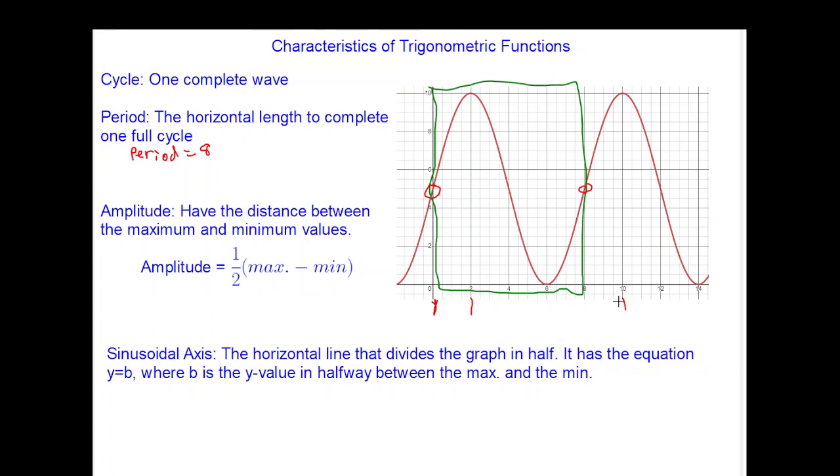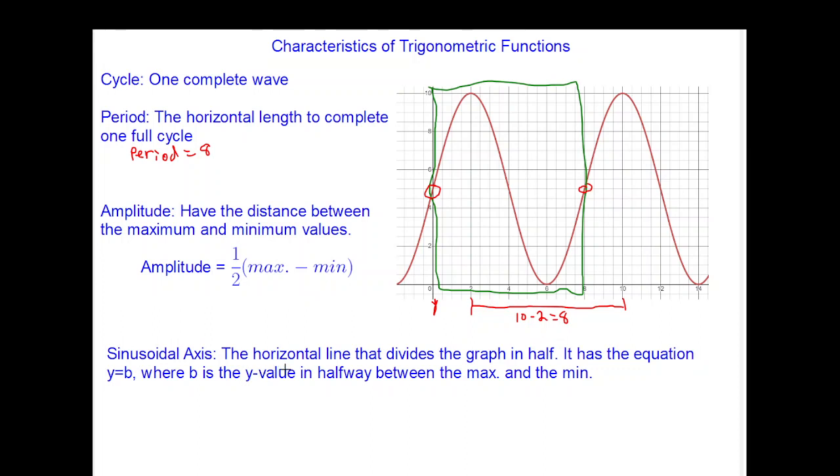I want to know the horizontal distance from x equals 2 to x equals 10, and we can find that just by subtracting those two. So 10 minus 2 gives us 8, and you see that's the same answer that we got over here. Anywhere we measure the period on any particular graph, it should always be the same. If it's not, maybe we're not getting the entire period.